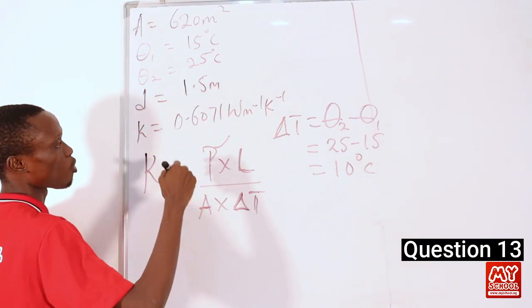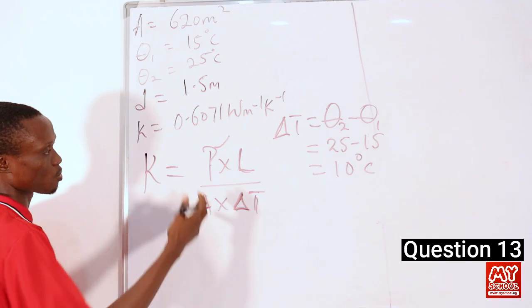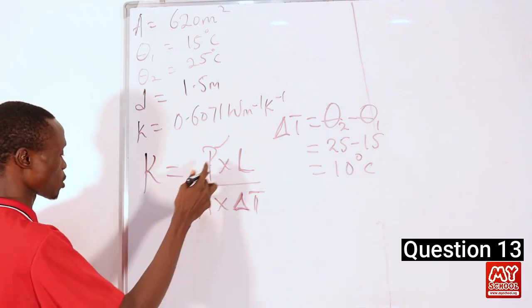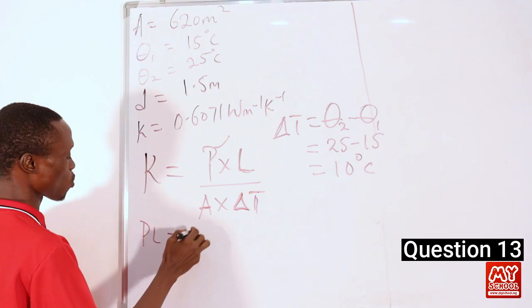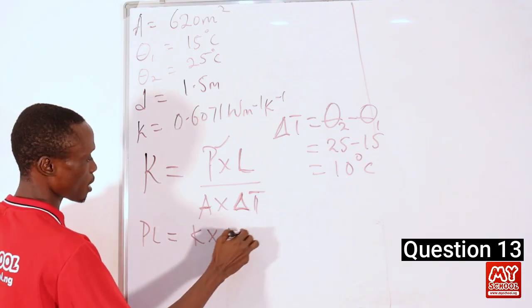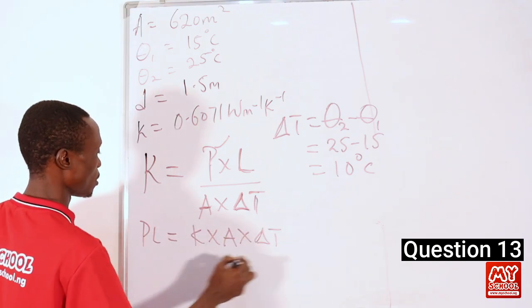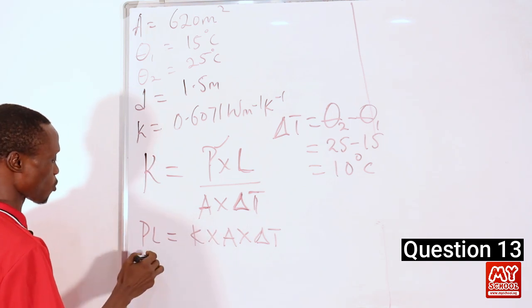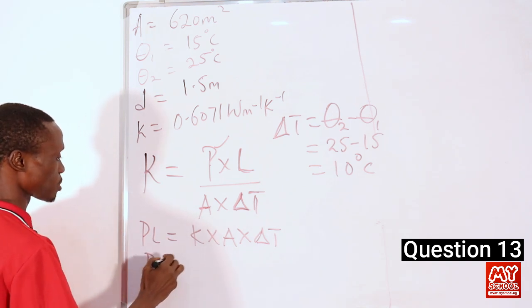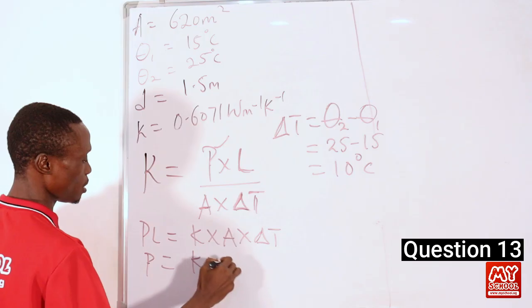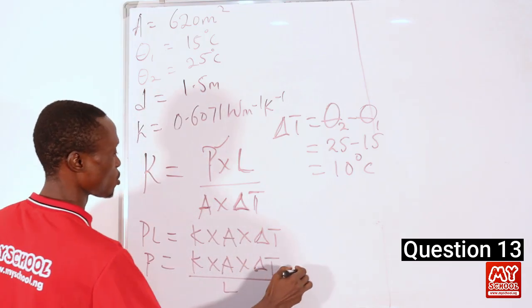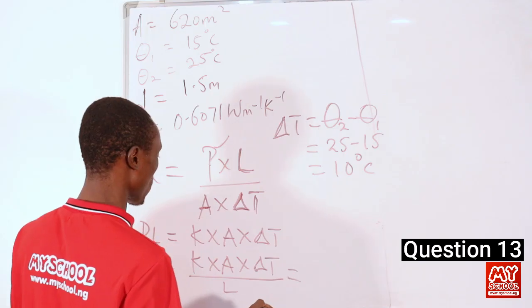Since we are looking for the rate of energy transfer, we are going to make P the subject of the formula. If we cross multiply, we have PL equals K times area times delta T. Then we divide both sides by L to make P the subject. So P becomes K times A times delta T divided by L. Let's put in our values.